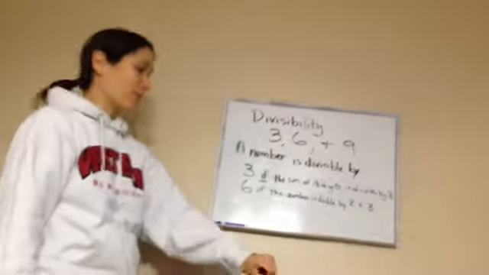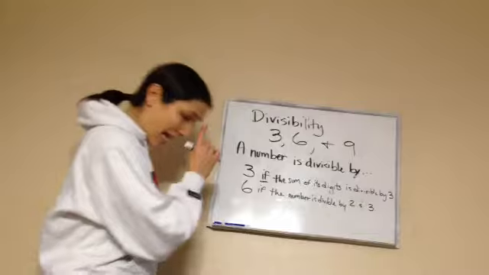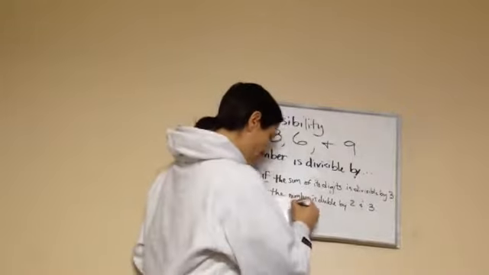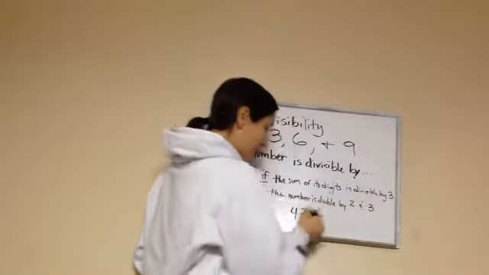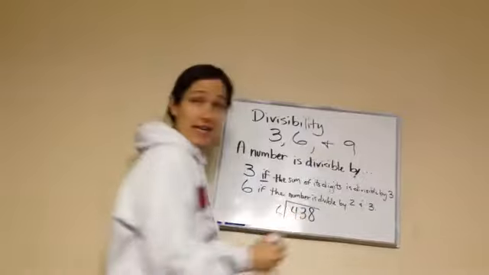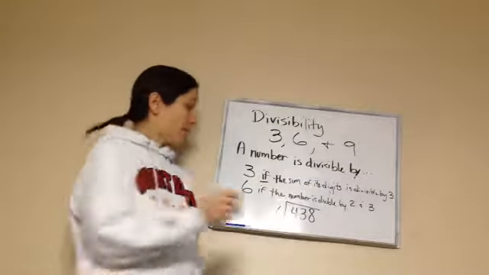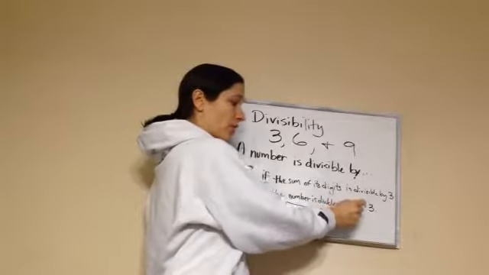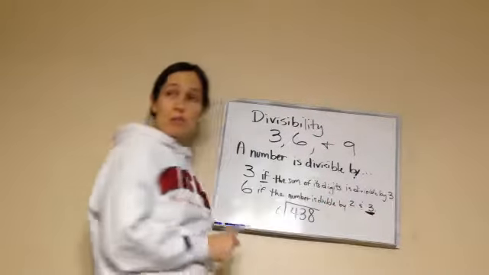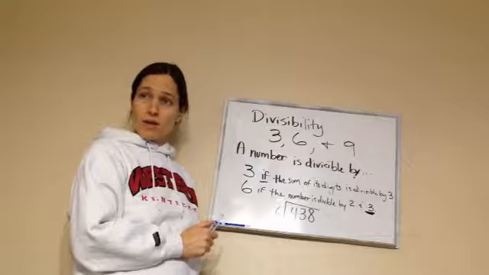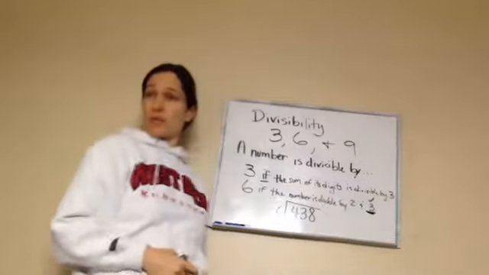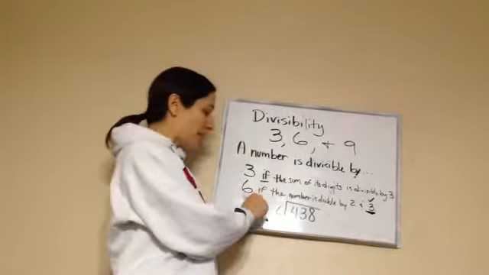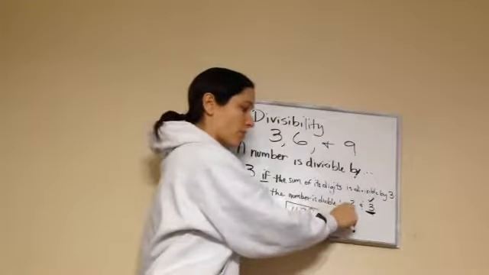Okay? Now, that same number, let's say 438. Is that divisible by 6? Well, it's divisible by 6 if the number is divisible by 2 and 3. Do we know that it's divisible by 3? Yes, so I'm going to put a check mark over that one because we know that one works. Now, is it divisible by 2?